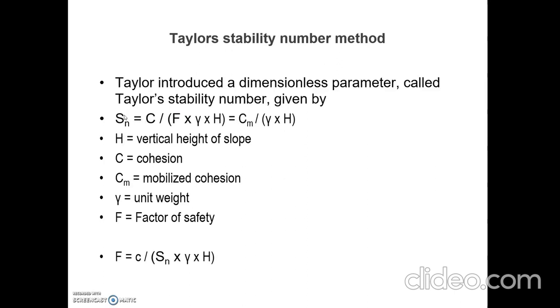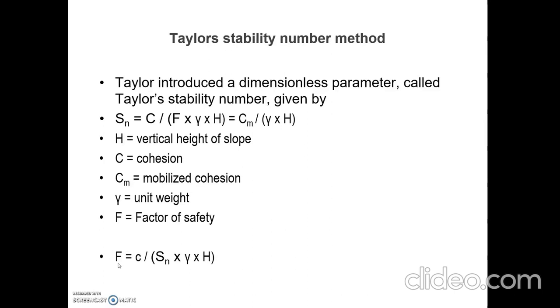So Sn becomes Cm divided by gamma into H. Here C is cohesion, F is factor of safety, gamma is unit weight, H is the vertical height of the slope and Cm is the mobilized cohesion.